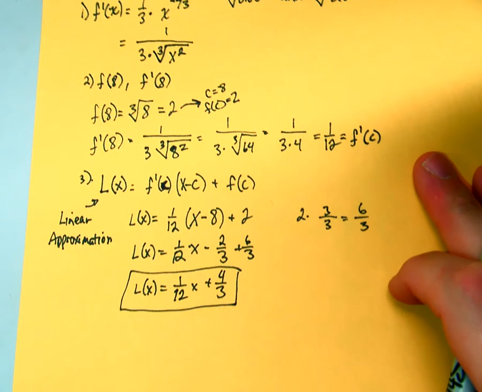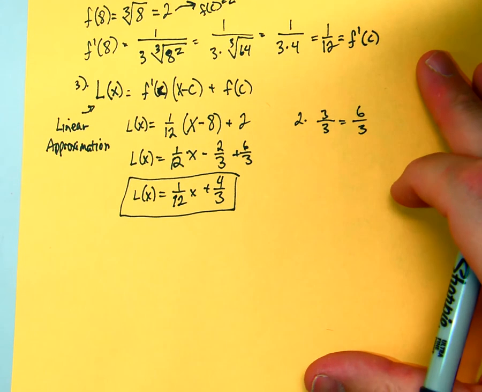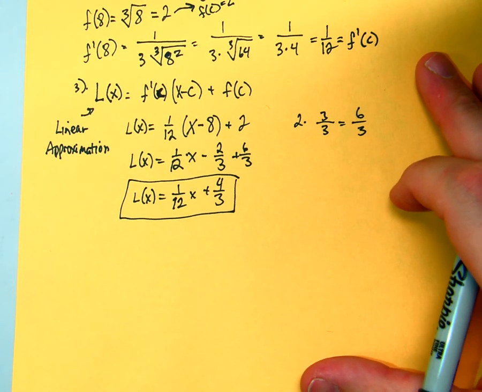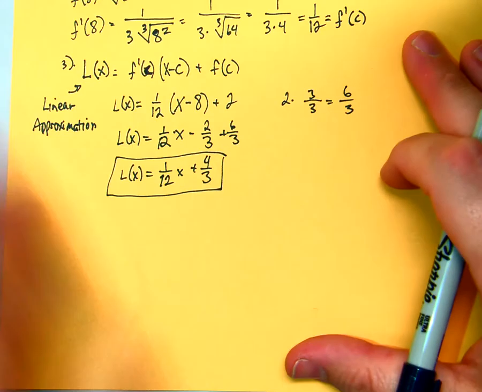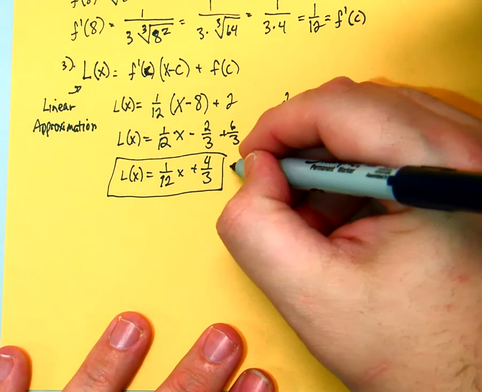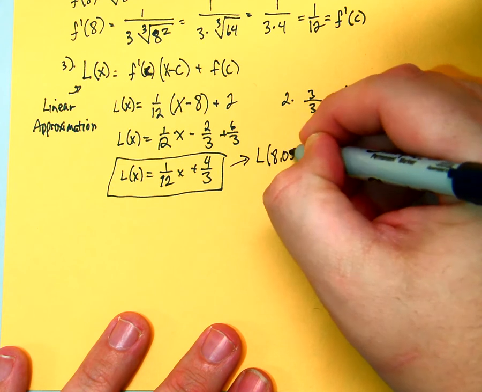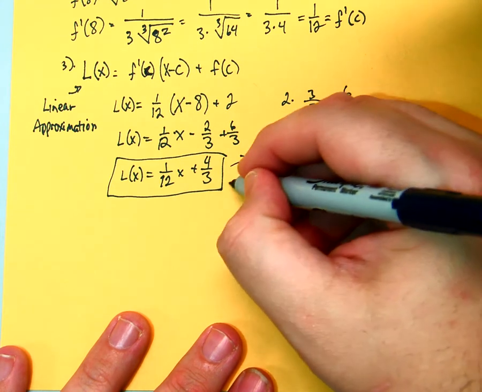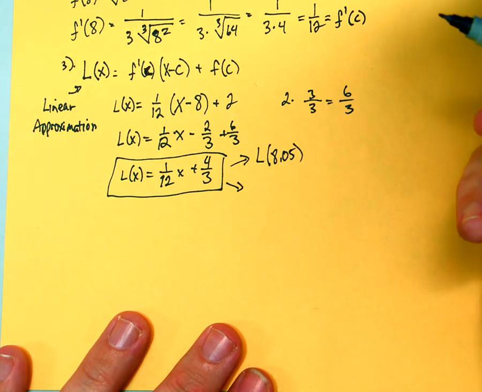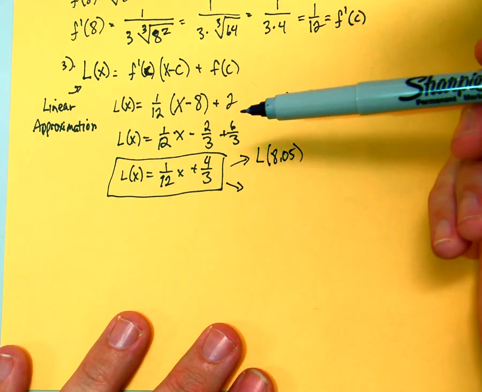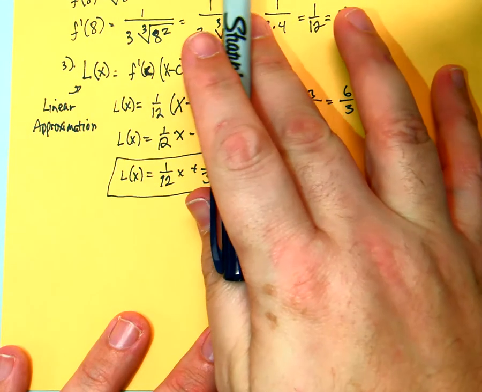Alright, so now I have my linear approximation. Yeah, but then you have to do L of 8.05, and because the question said find out the linear approximation of 8.05 and 25.